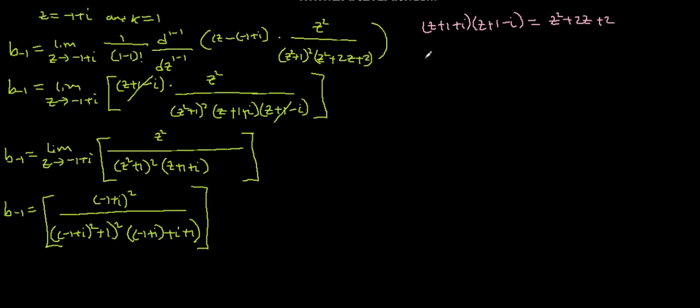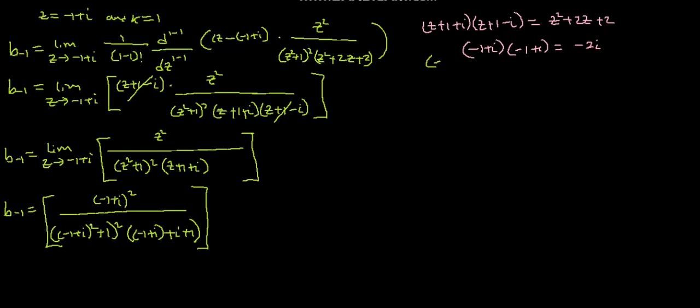So now let's consider minus 1 plus i multiplied by minus 1 plus i. This is going to be equal to minus 2i.